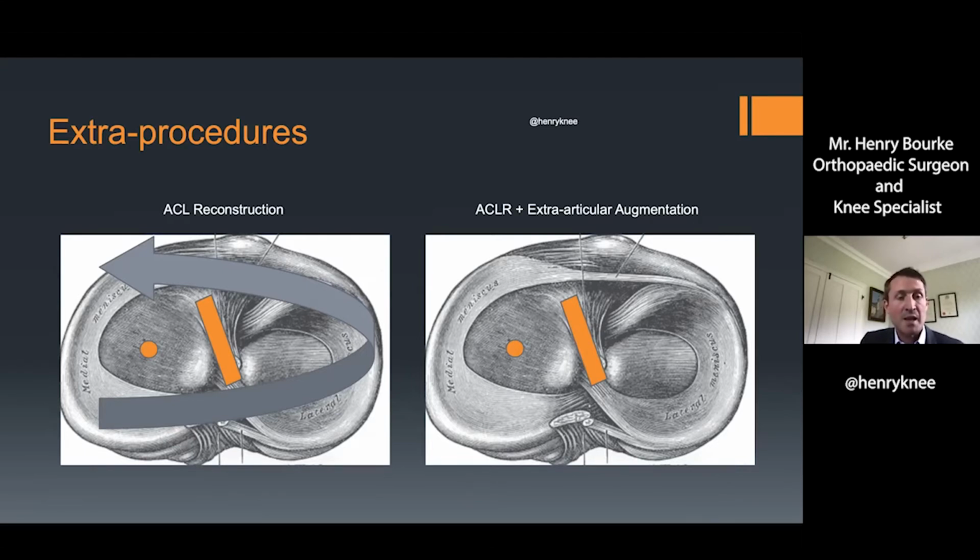And the ACL on the left-hand side is controlling rotation with a relatively short lever arm because it's in the middle of the knee. If you put in an ACL and then on the right-hand side, another orange line, which is another reconstruction on the outside of the knee, you get the benefit of a much longer lever arm.